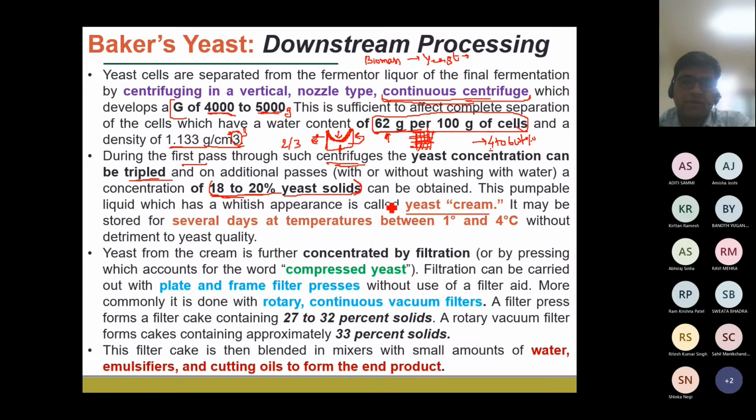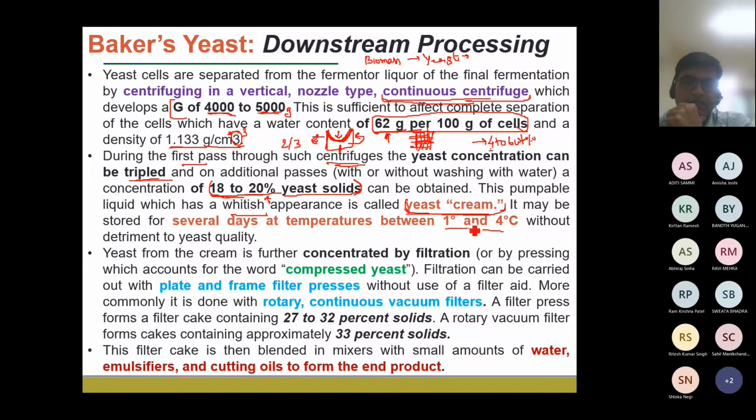It is a pasty, whitish material, and it has a solid content of 18 to 20% yeast solids. So this is what is called the yeast cream. And it is stored for several days at a temperature of generally 1 to 4 degrees.